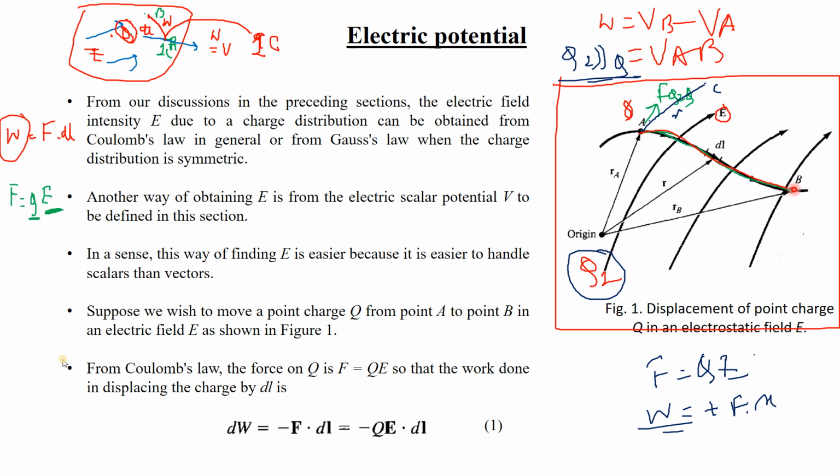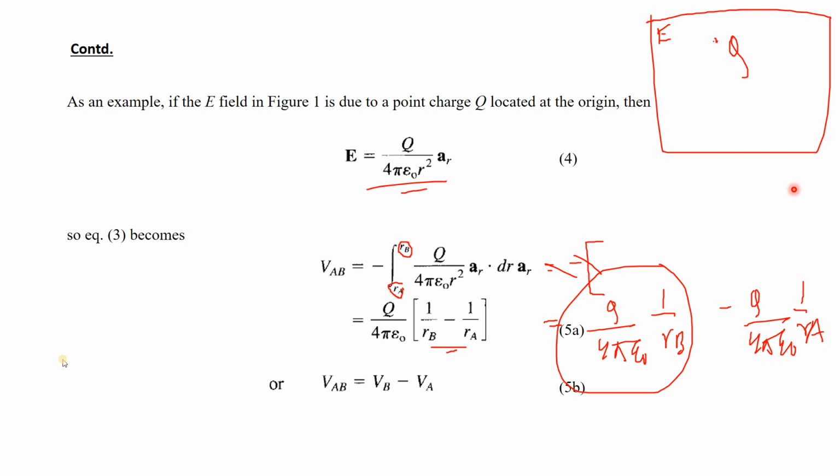That is okay, but why am I calling it potential difference? Because it is calculated over here that the work done is nothing but the difference between the two potentials. So the difference between the two potentials is actually creating the work done.